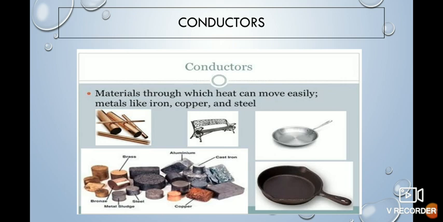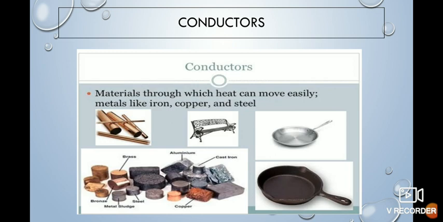Let us see some more examples of conductors. Can you see? Rods, vessels, a frying pan, all of them. What is common among them? Most of them are made up of metals. So all metals, okay, iron, copper, steel, brass, aluminium, all of them are very, very, very good conductors of heat.